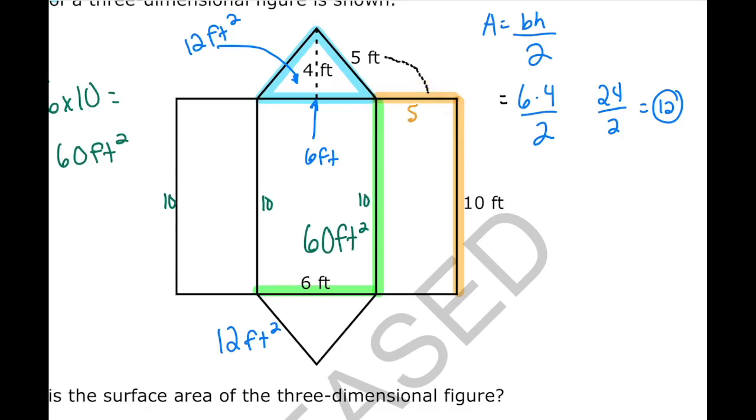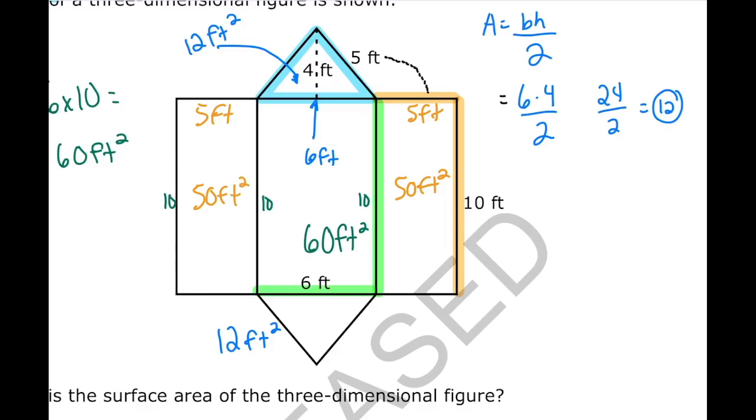And we can say the same thing on this side as well. Okay, so this is 5, this is 5, and let's find the area of that. We have a 10 by 5. 10 times 5 gives us 50. This is also 10 by 5, that's 50.